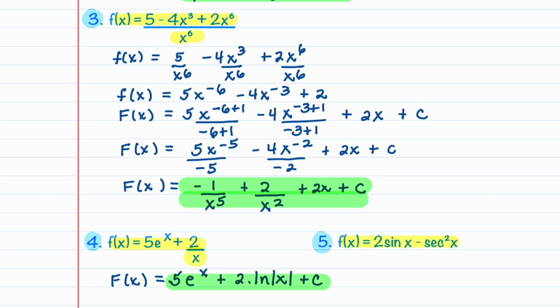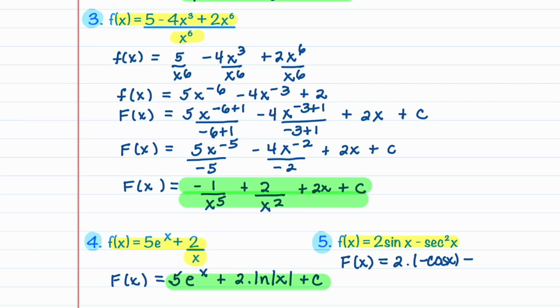In our fifth example, we're given a function little f of x is equal to 2 sine x minus secant squared x. We also don't have to simplify this one before taking the antiderivative, and we can just go ahead and take it. Capital F of x is 2 times the antiderivative of sine x. The antiderivative of sine x is minus cosine x.